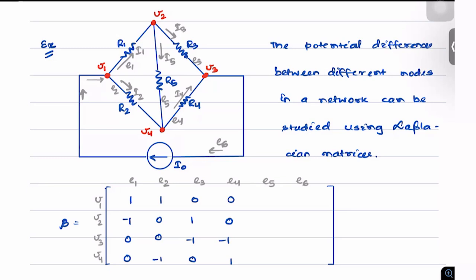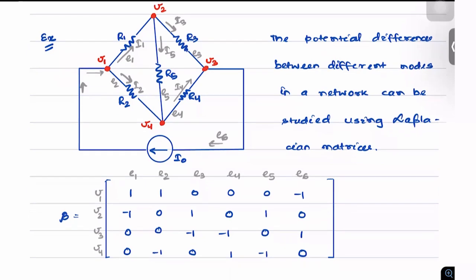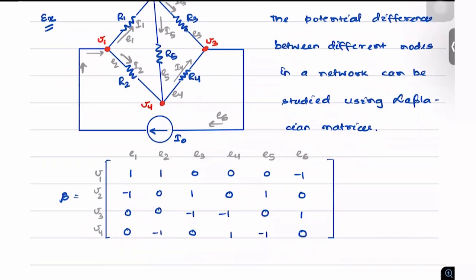E5 similarly from V2 to V4. And E6 similarly starts at V3 and ends at V1 in this manner. Okay, so this is what the incidence matrix looks like for a given circuit.